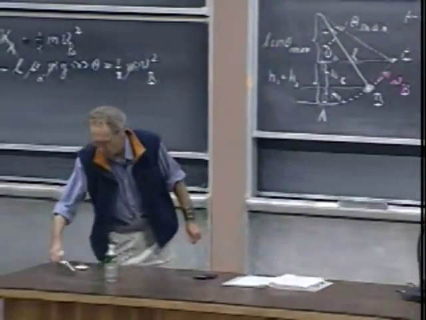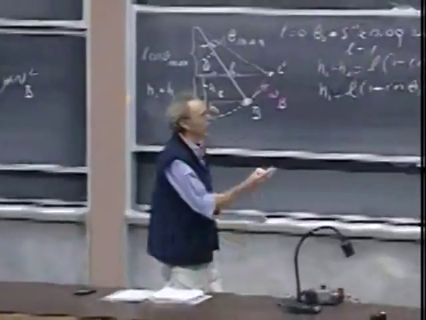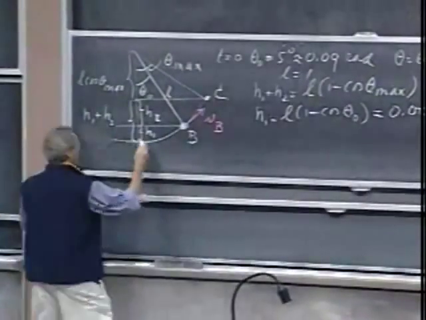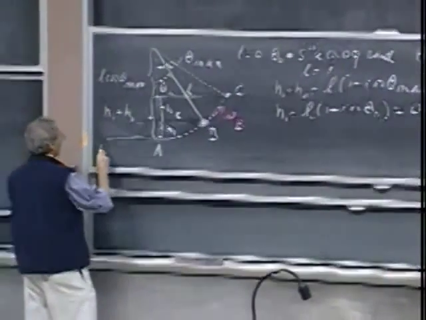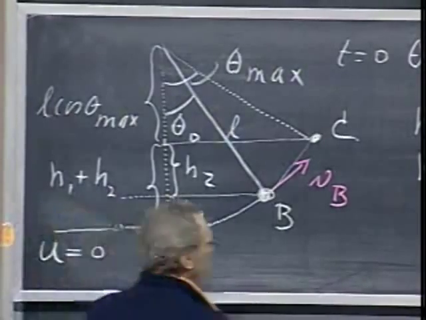Well, we could now use the conservation of mechanical energy. And we could say, let us call arbitrarily the gravitational potential energy at point A, let's call that 0.